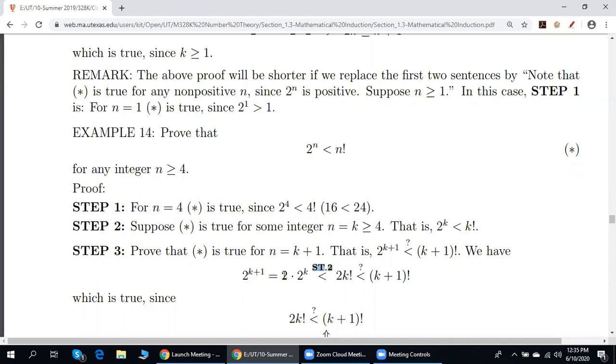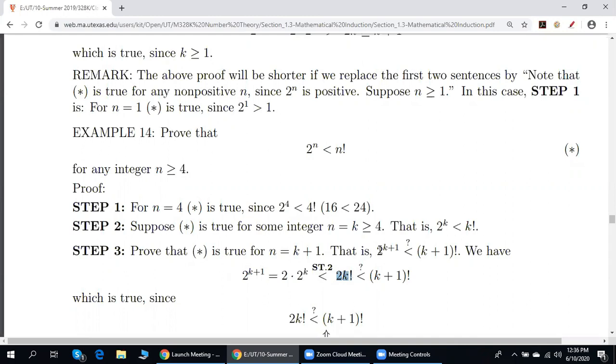By step 2, this is lesser than this. Here is why. Just multiply both sides by 2. Indeed, we will get this. So, by step 2, 2 to k plus 1 is lesser than 2 times k factorial.